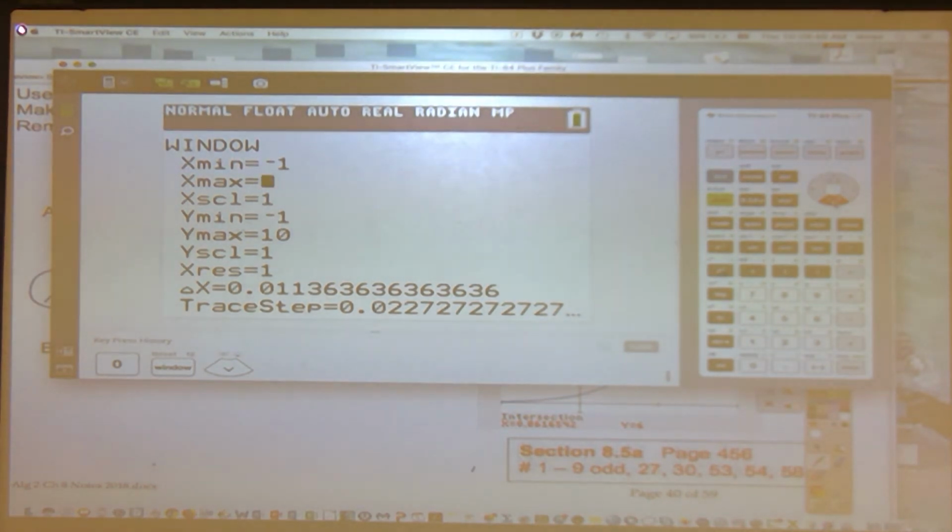Okay, put your cursor, press up arrow so it's on the plot. Press enter to turn off your plot. Okay, now press graph. Is the point still there? Yeah, but the point's gone now. That's good. That's what you wanted. Why don't you change your viewing window to something that you want?